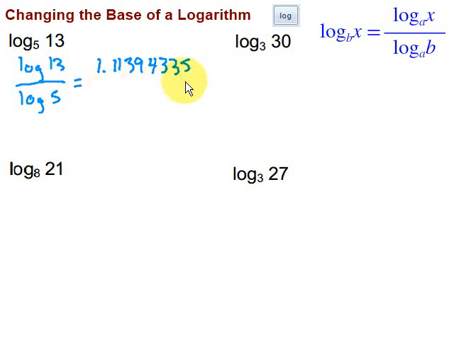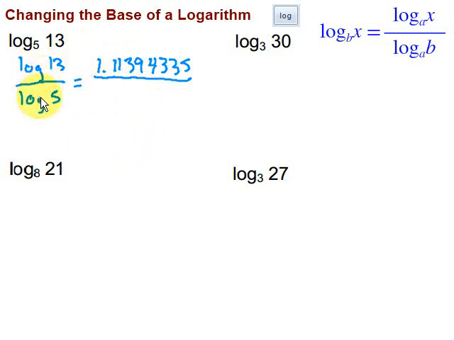So let's say that many decimal places. Now, one other thing I want you to make note of is, does this number make sense? Well, remember, this is the log base 10 of 13, so it says 10 to what power gives me 13? Well, I think it makes sense that it would be just over 1, because 10 to the first would be 10, so a little bit more than that, that'll get us up to 13.